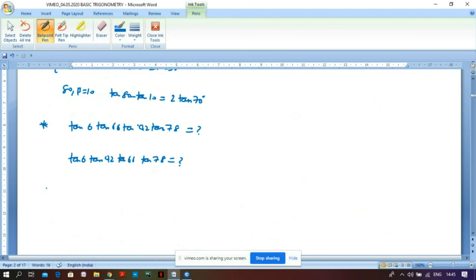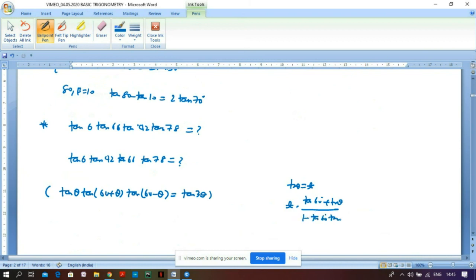the identity that comes to our mind is: tan theta times tan of (60 plus theta) times tan of (60 minus theta) happens to be tan of 3 theta. We can derive it quickly. Suppose tan theta is t. Tan of (60 plus theta) is (tan 60 plus tan theta) upon (1 minus tan 60 tan theta).